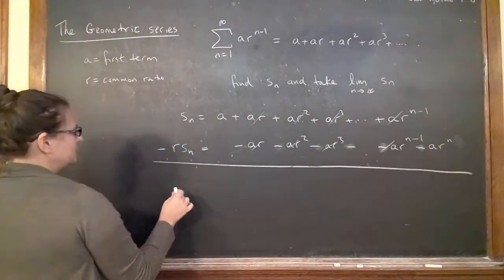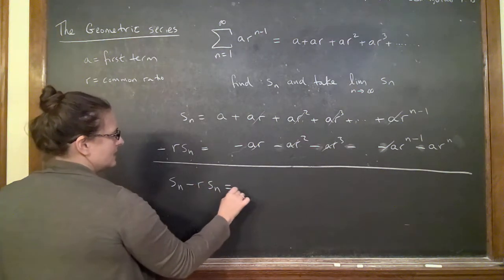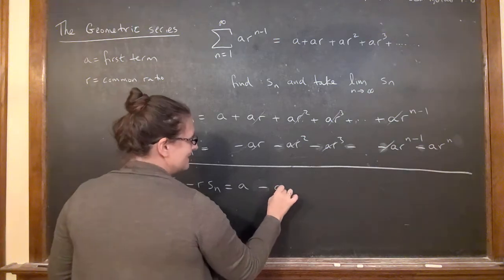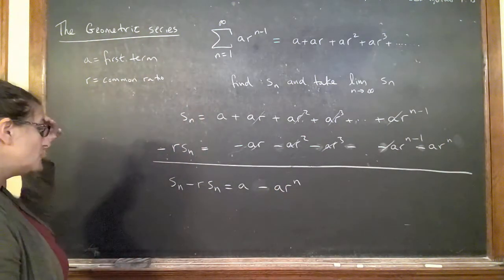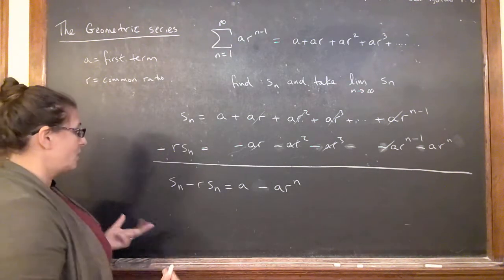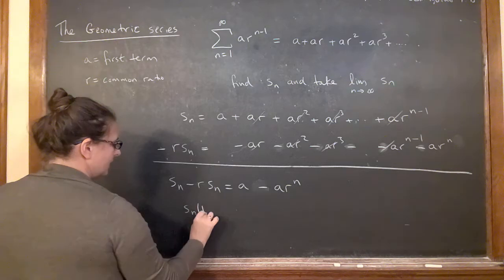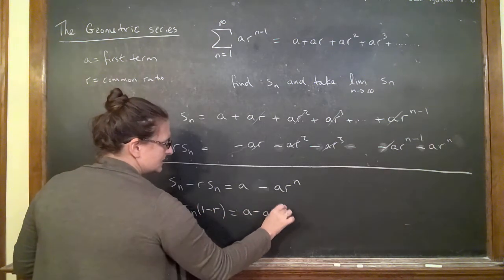What you're left with is Sn minus R Sn equals A minus AR to the n. Then I want to solve for Sn. I can factor Sn out here, and I get Sn times 1 minus R equals A minus AR to the n.